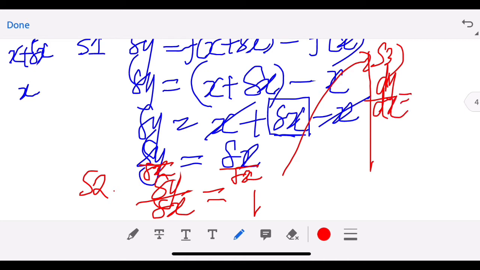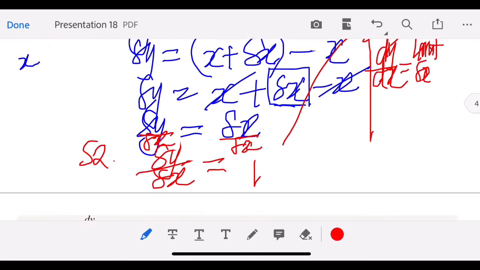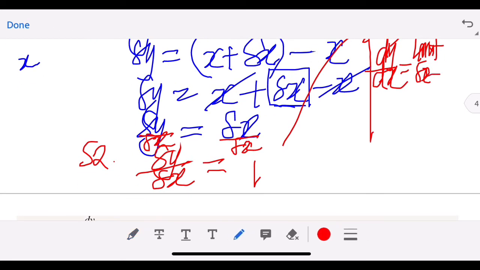When you apply the limit for delta x approaches 0, for the delta y over delta x, you just look at here, this is 1, there is no delta x.